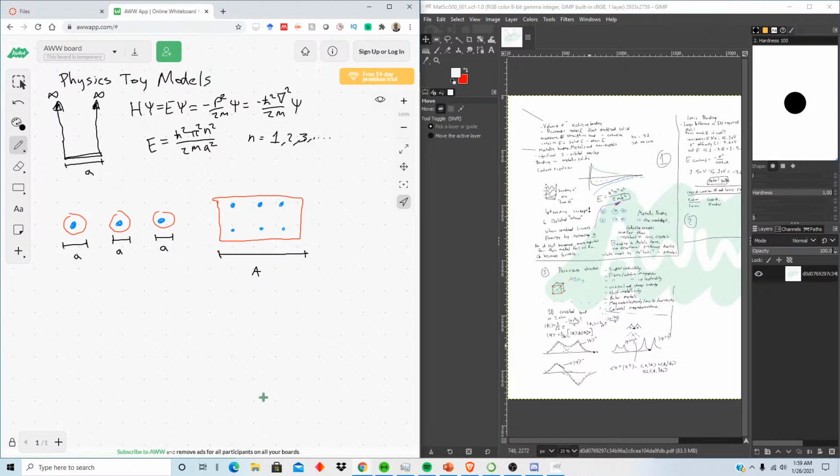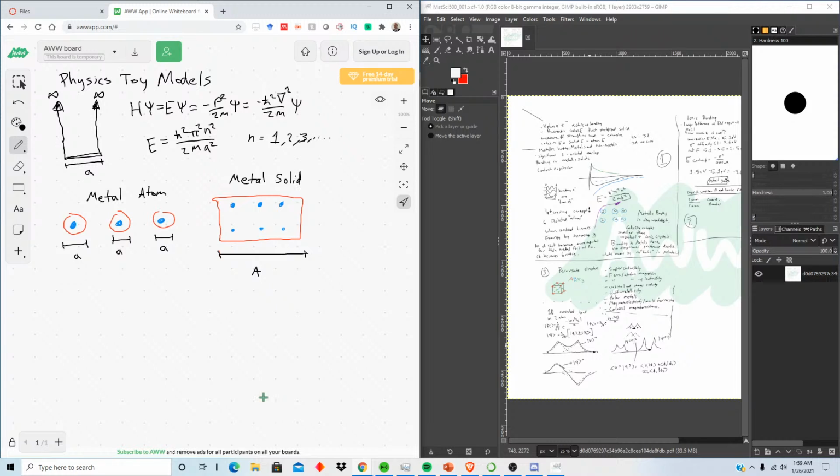We'll just say big A for now. And so one thing that we want to think about is when it comes to bonding, why would a single, let's just say, metal atom want to combine to make a metal solid, right?